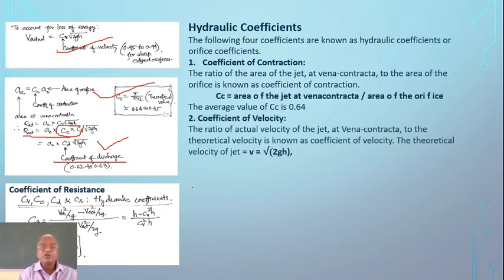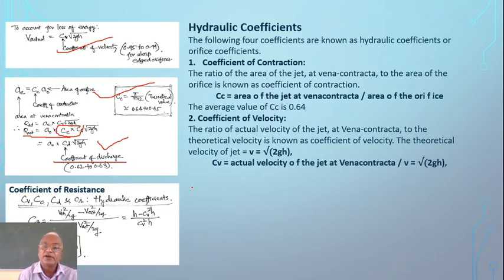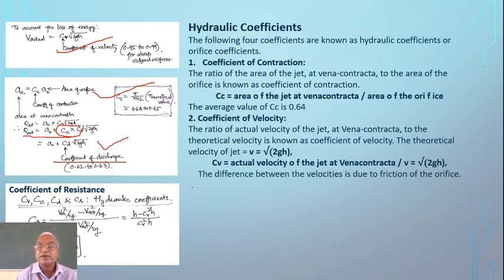Coefficient of velocity, the ratio of actual velocity of the jet at vena contracta to the theoretical velocity is known as coefficient of velocity. The theoretical velocity of discharge V will be equal to root 2 gh. Cv will be actual velocity of the jet at vena contracta divided by the theoretical velocity V. Something has gone wrong, I shouldn't have written this here.